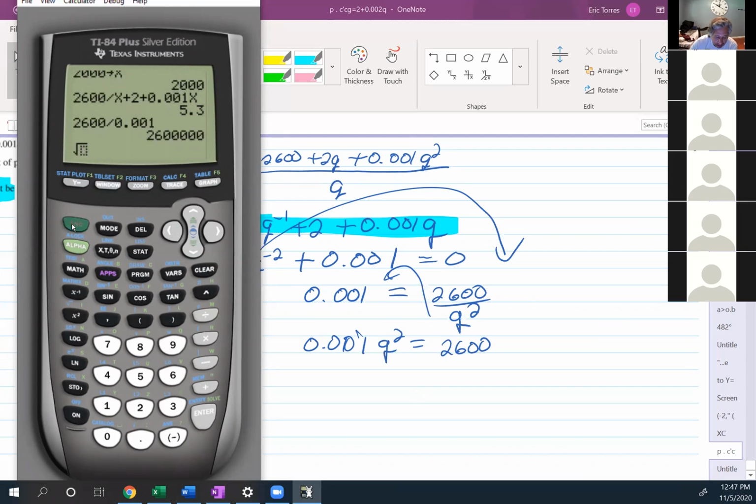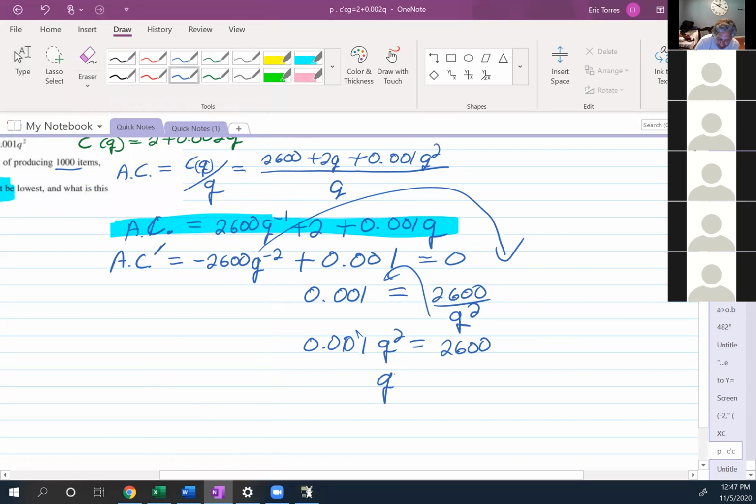Technically speaking, I should have a positive and negative possibility. However, it's not possible to make a production run that is negative. So even though algebra says a negative will work, our current dimensions do not allow for negative objects. So that's not a possibility.